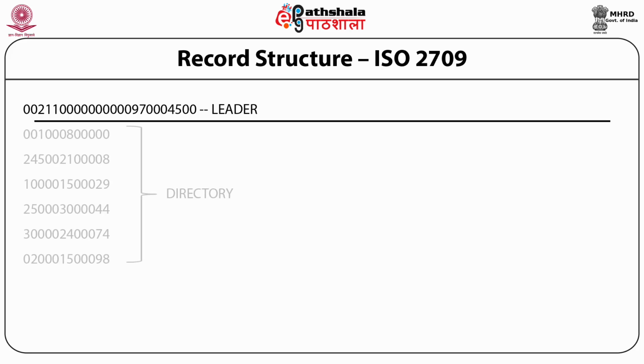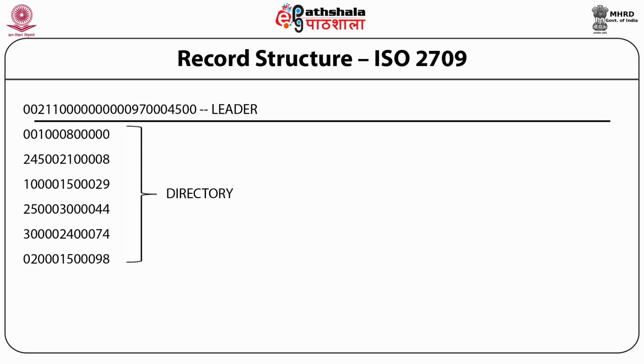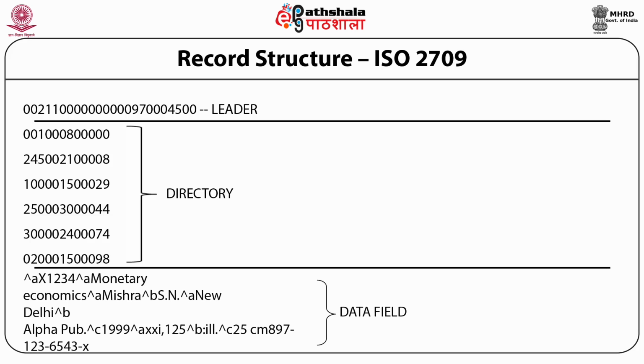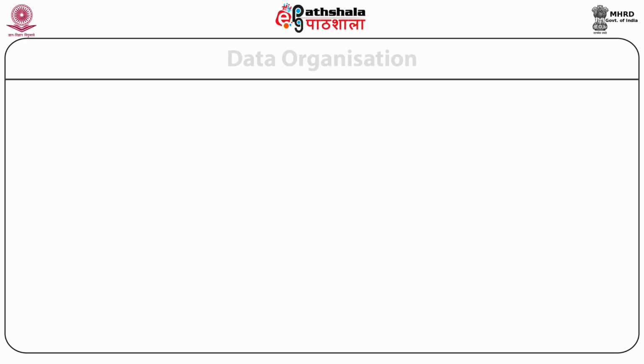Then the second part is the directory structure. Directory structure resembles the contents page of a book. In the directory structure, the field number is given, then the length of the field, and the starting character position of the field. Then the last part of the record is the data field, where the actual data is stored.